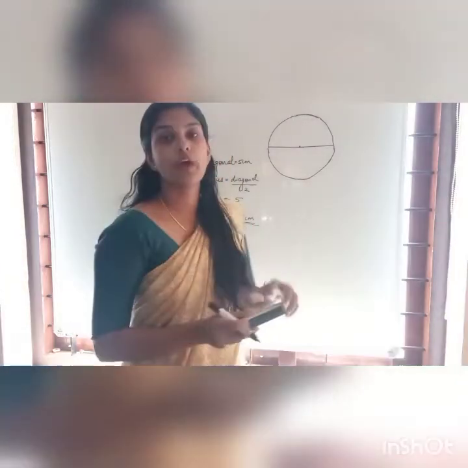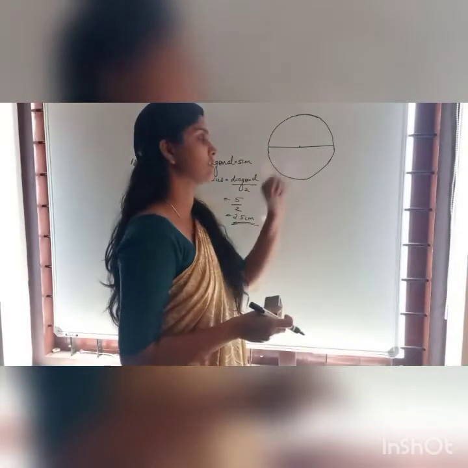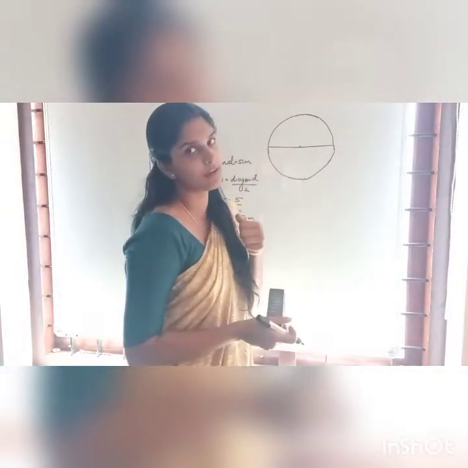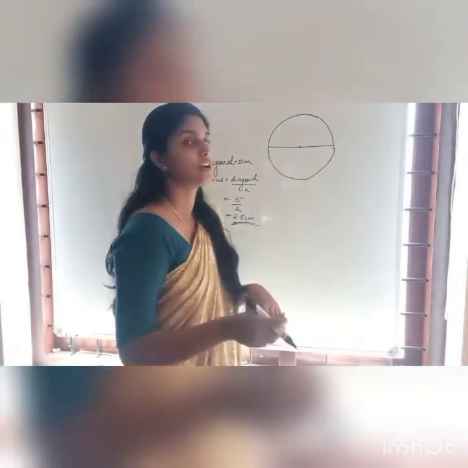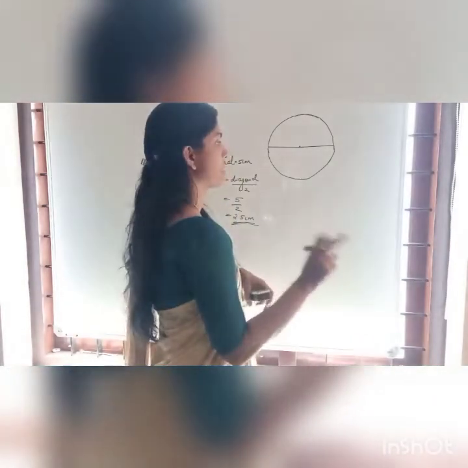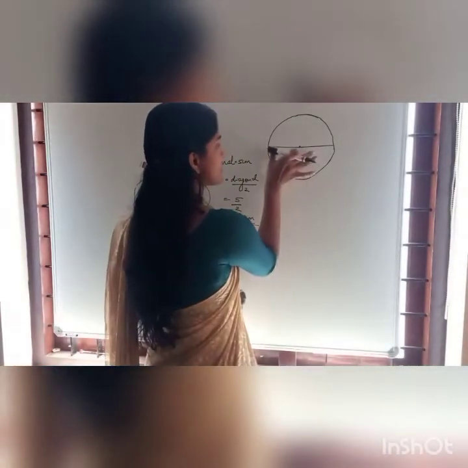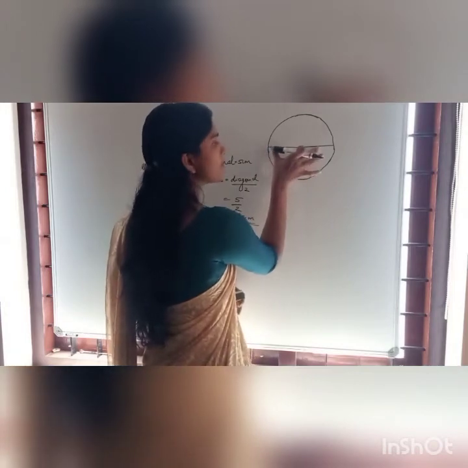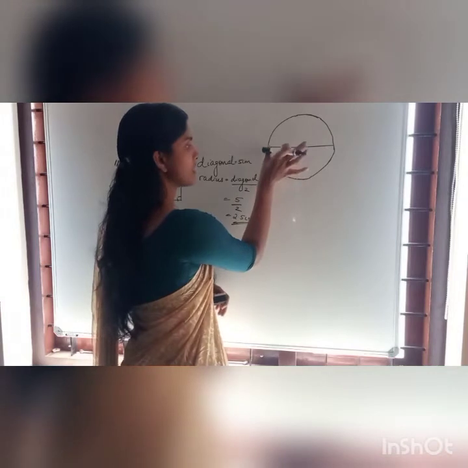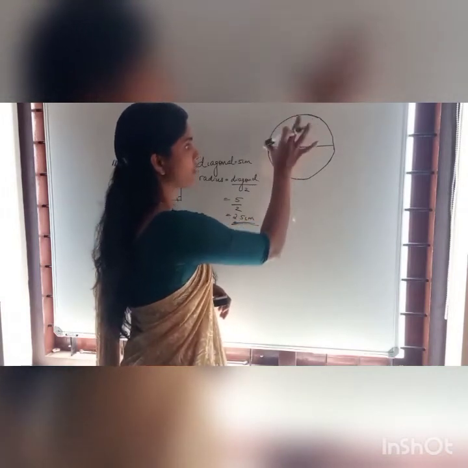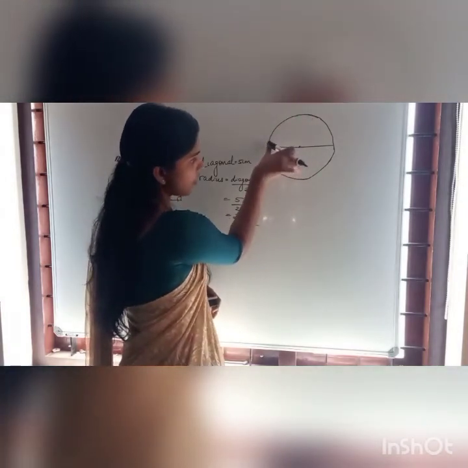Now what we have to do? We have to draw the perpendicular bisector of this line. How will you draw perpendicular bisectors? Yes, you have studied in the earlier classes. Take your compass, take a measure on the compass that is greater than half of this line. Okay, and keep the compass over here and draw an arc over here and then an arc over here.